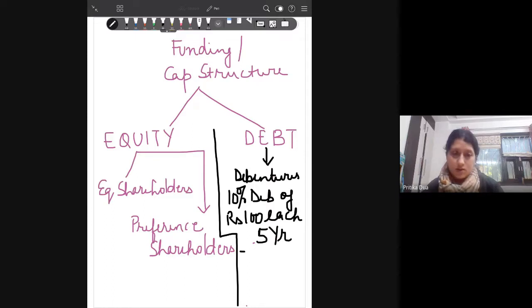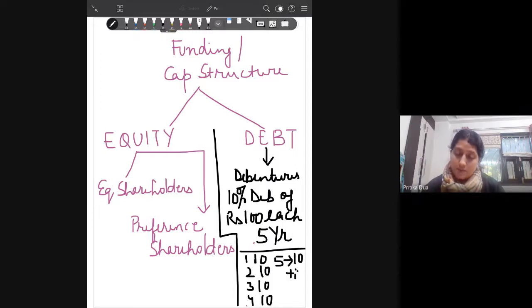So for 5 years, 1, 2, 3, 4, 5, at the end of every year every debenture holder will get interest of 10 rupees. And at the end of the fifth year, along with this interest of 10 rupees, the debenture holder will also get back the principal amount. So at the end of the fifth year, the total amount that will be received will be 110. This is how debentures operate.